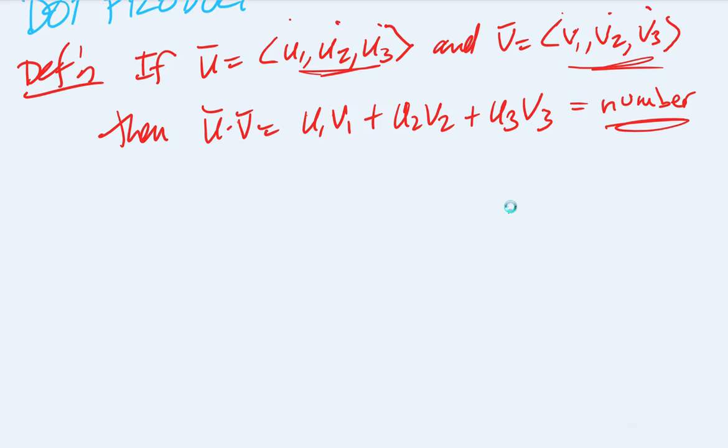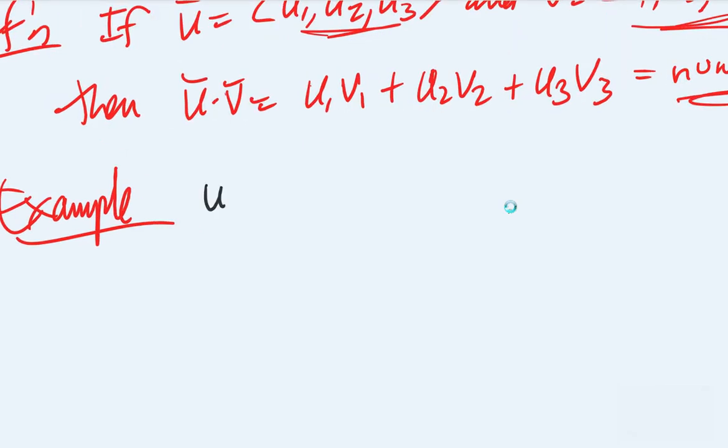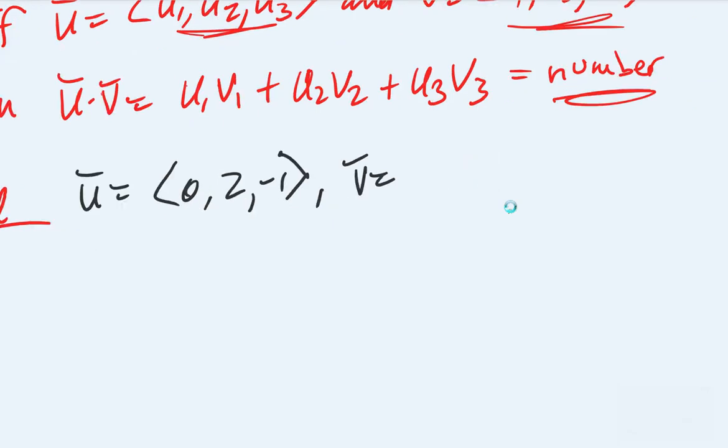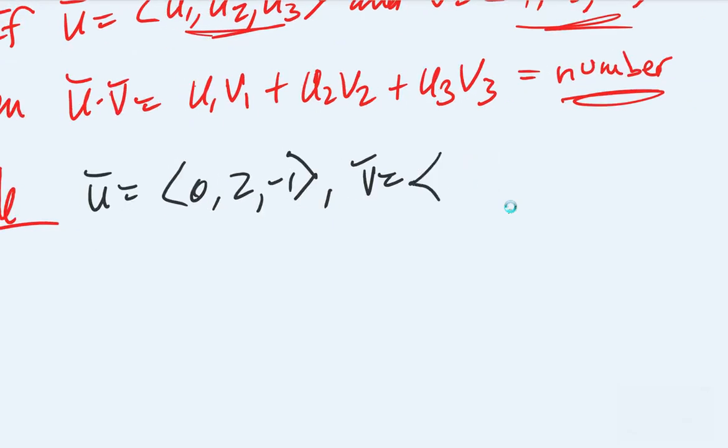All right, so let's do an example. I'll use a different color for the example. Let's suppose that u is 0, 2, -1, and then v is 1, -5, -3. I wish I had some actual students listening in. I could get some suggestions. Let me think. Okay, like that.